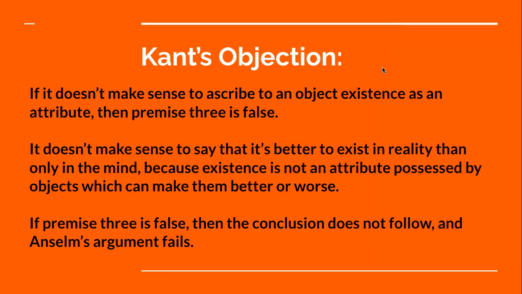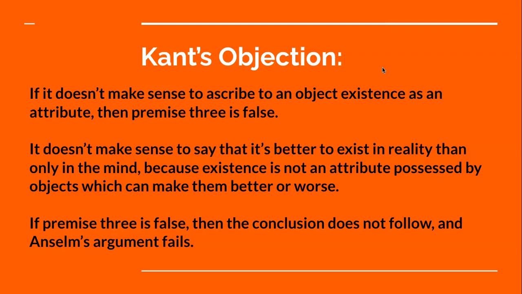If it doesn't make sense to ascribe to an object existence as an attribute, then premise 3 of Anselm's argument will be false. It wouldn't make sense to say that it's better to exist in reality than only in the mind, because existence is not an attribute possessed by objects which can make them better or worse.